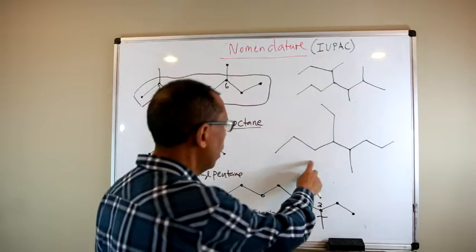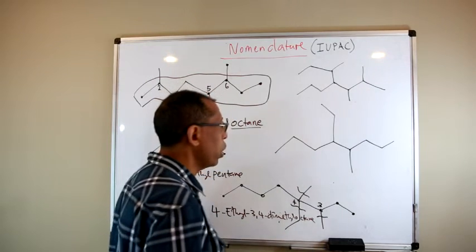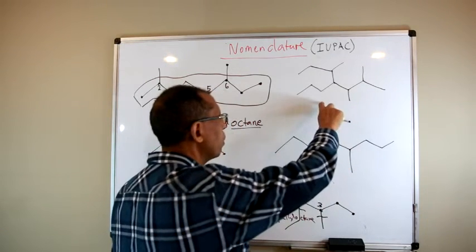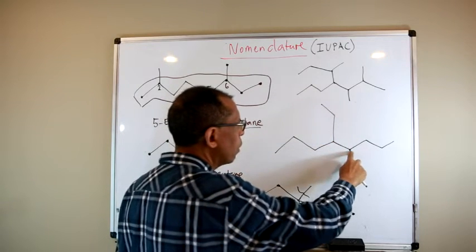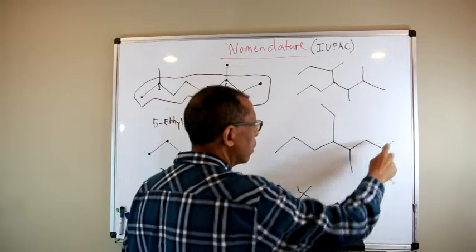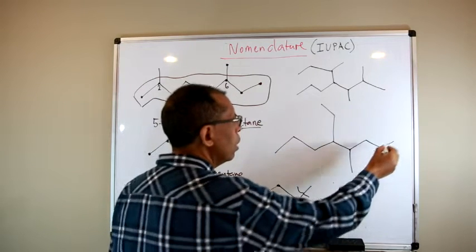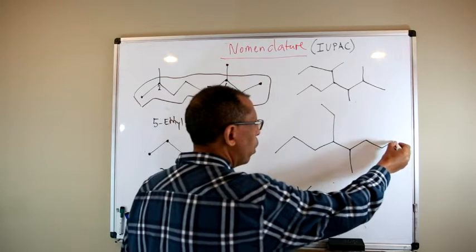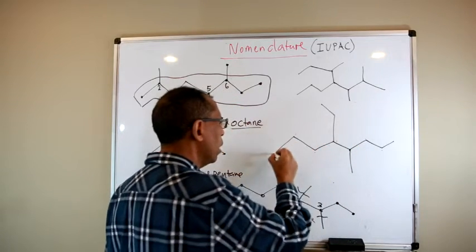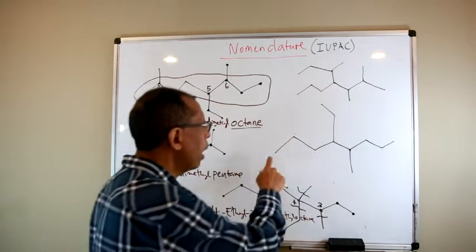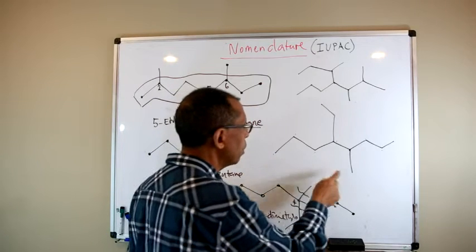In the next compound, let's see the chain. If it starts from here, for example, 1, 2, 3, 4, 5, 6, 7 carbons. Starting from here, straight, 1, 2, 3, 4, 5, 6, 7, 8. Therefore, I have an 8-carbon compound here.